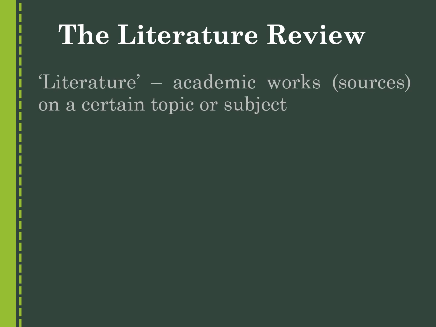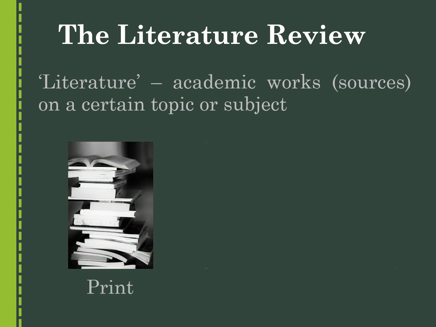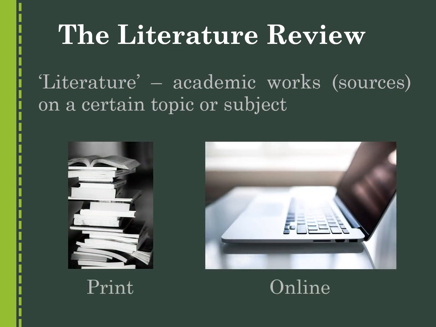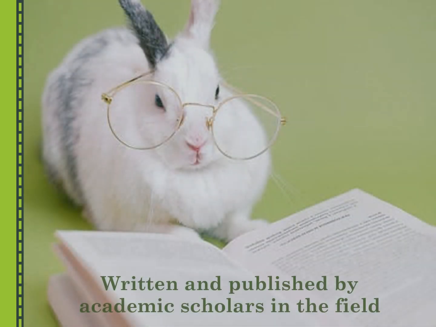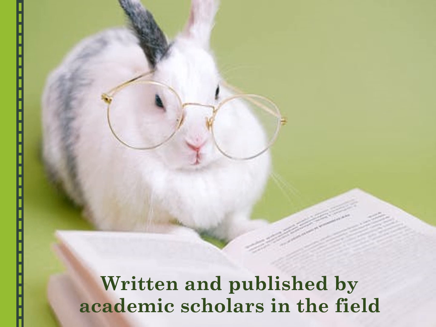Now, in terms of academic research, the word literature alludes specifically to the existing body of academic works or scholarship, otherwise known as sources, on a certain topic of interest or subject, whether available in print or online, and which have been written and published by other scholars in the field.